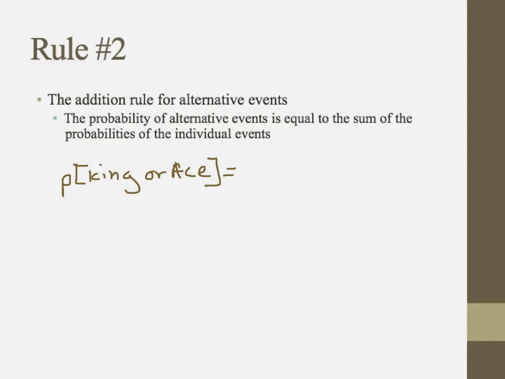So the first thing we need to do is figure out, okay, what is the likelihood of drawing a king? How many kings are in a deck of cards? If you think about it, you have 4 suits in the deck, right? So you're going to have a king of hearts, a king of spades, a king of clubs, and a king of diamonds. So there are 4 kings out of the 52 total cards. So 4 successes out of 52 total cards.